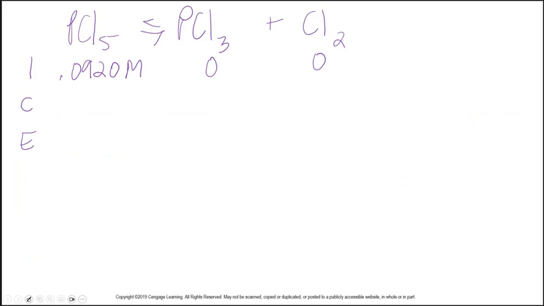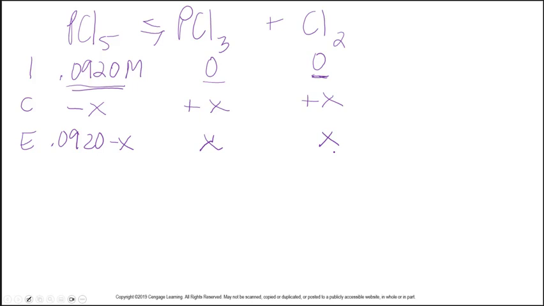First thing I'm doing is setting up my ICE table. I was only given my initial concentration for my reactant. Again, I know that I have 0 products formed initially, but I'm going to lose reactant and gain product, all 1-to-1 ratio. So at equilibrium, I'm going to have 0.0920 minus x, and x. Let's set up our K expression.